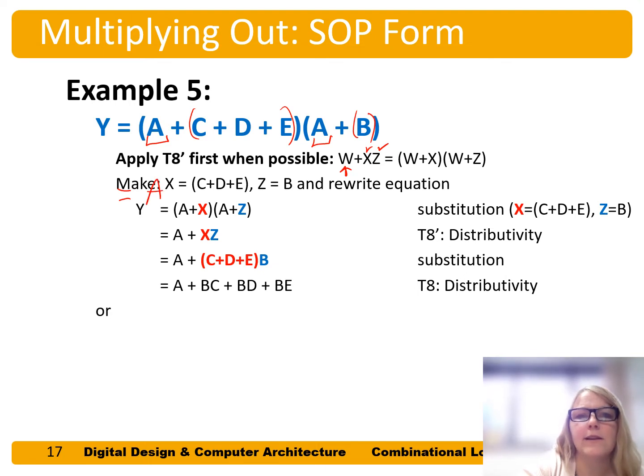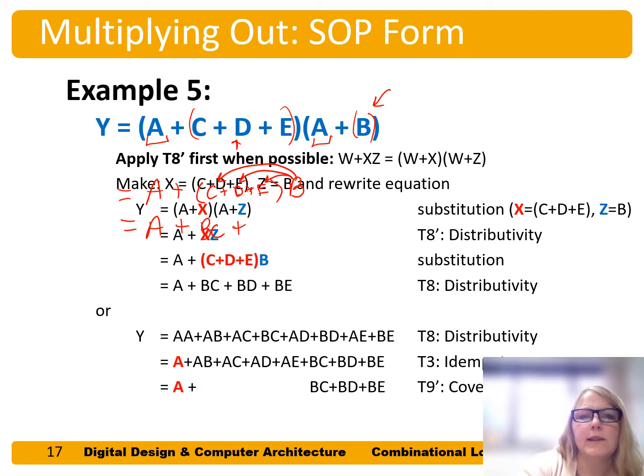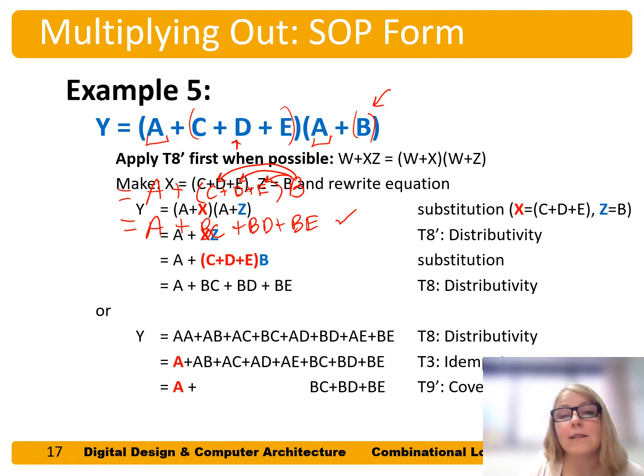So we get A or, well, this term, C or D or E, ANDed with the next term, B. And so now we get A or BC. Right, now I'm distributing this B across each of these terms: BC or BD or BE. Now we have our minimized SOP, or sum of products, form of the equation.